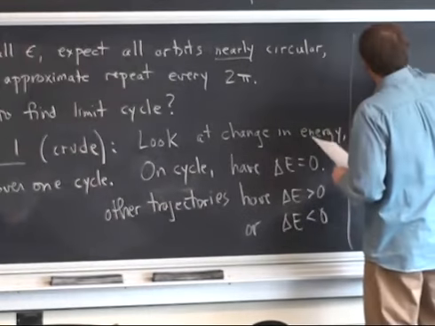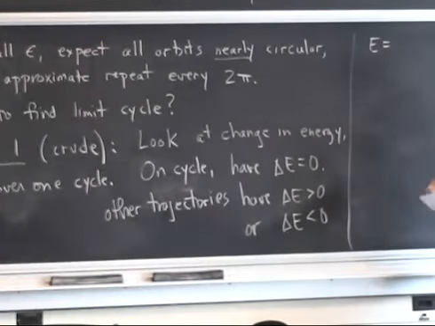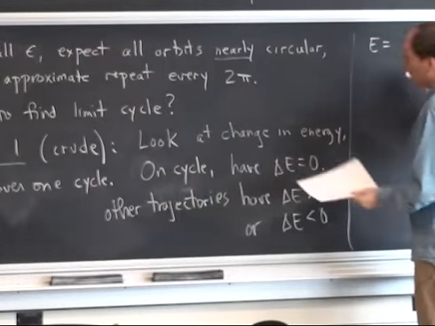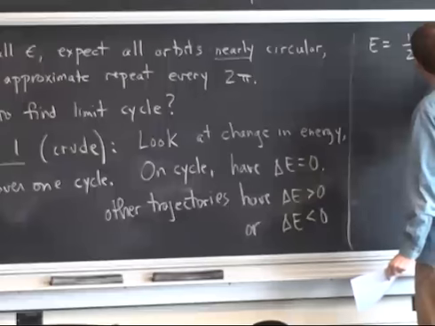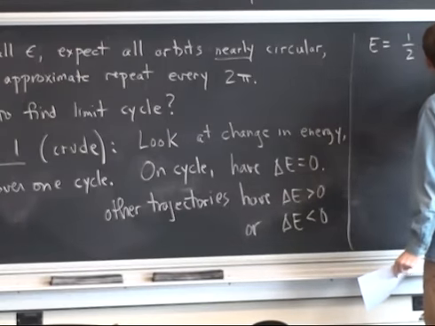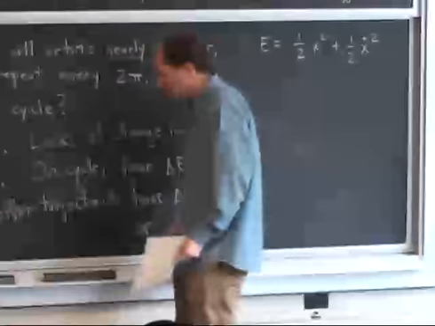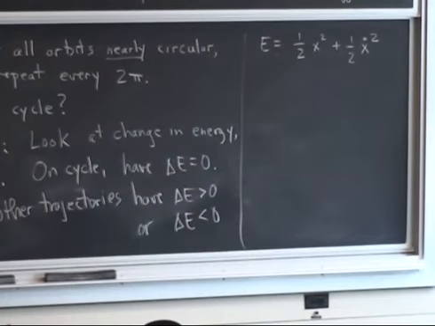Now here, energy, remember, we're talking about the energy for the undamped oscillator. That's how we're using this physical argument. Everything is scaled so that that energy would just be a half x squared plus a half x dot squared. That's like potential plus kinetic energy in ordinary physics talk.